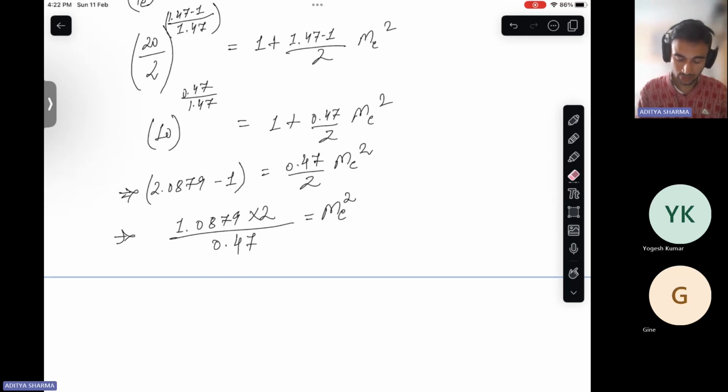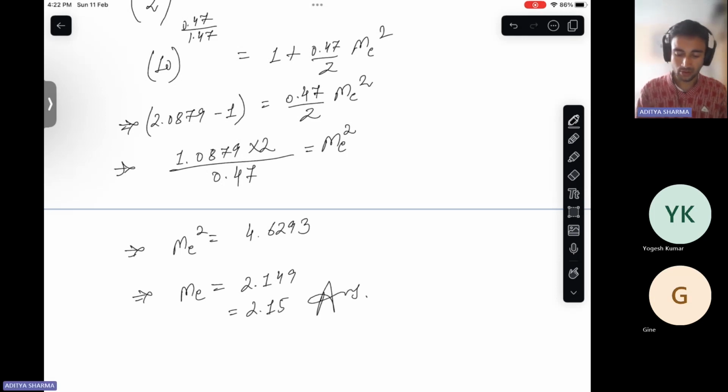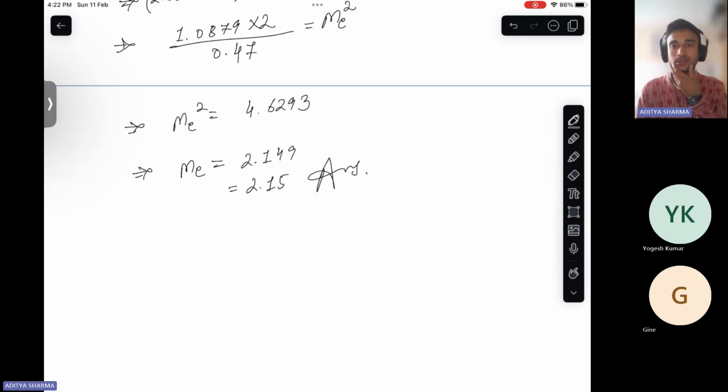Right, so this comes out to be 0.6293, which implies Me square equals 4.6293, and which means Me is 2.149, or 2.15. You guys are correct.